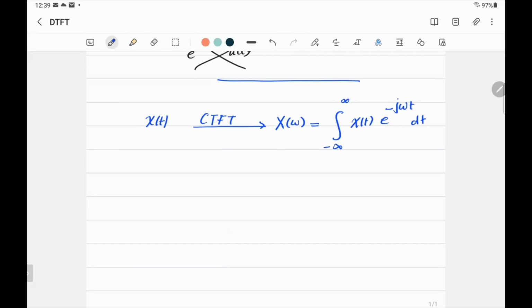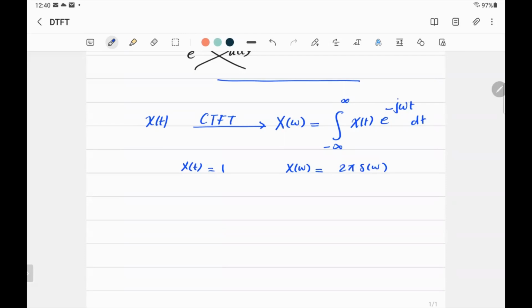Well, so in the table here, I'll pick some examples. When x of t equals 1, X of omega will be equal to 2 pi delta omega. Let me pick another one.